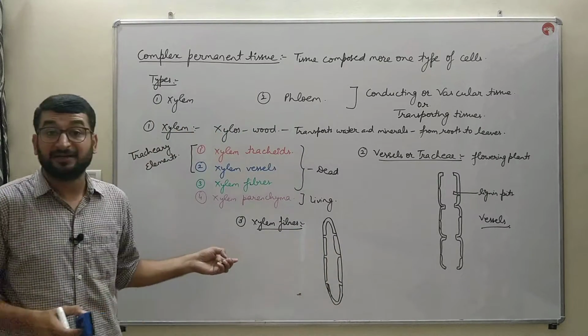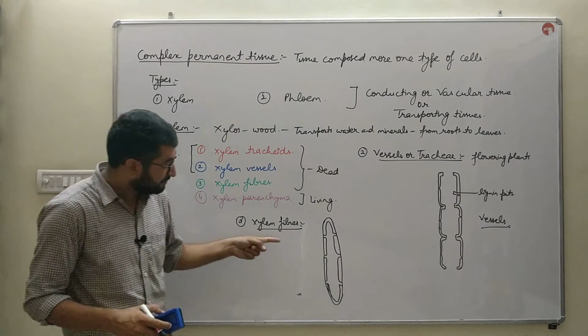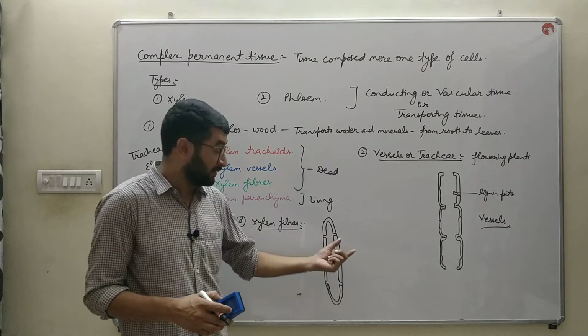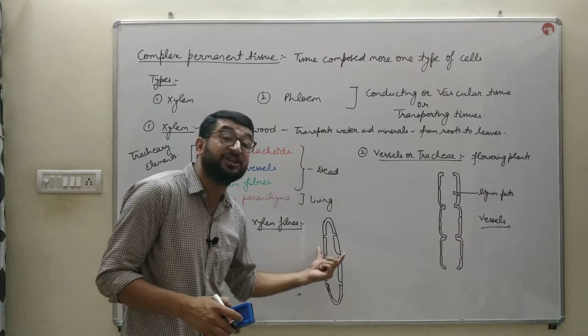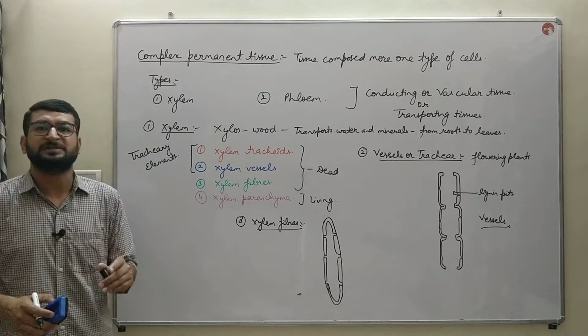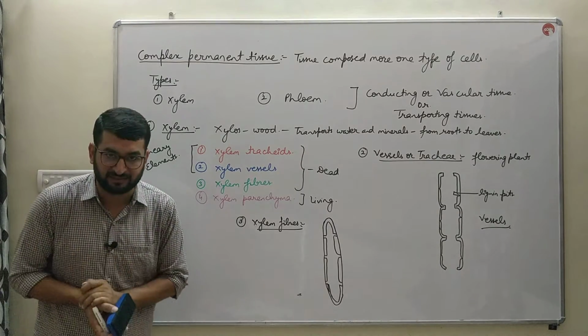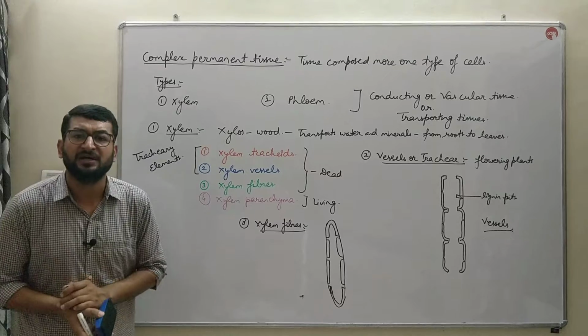So that is the diagram of xylem fibers. They have a narrow cavity in between and tapering ends. What purpose do they serve? Majorly they provide mechanical strength to the plant or to the xylem tissues.